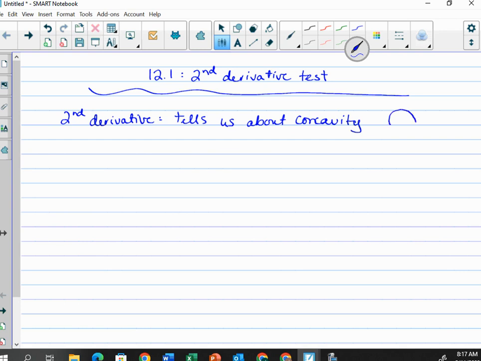This is concave down, this is concave up. If you had a graph where it changes from concave down to concave up to concave down, you can get that information from the second derivative.